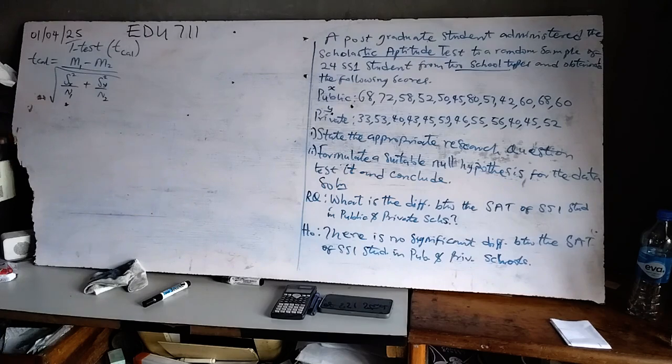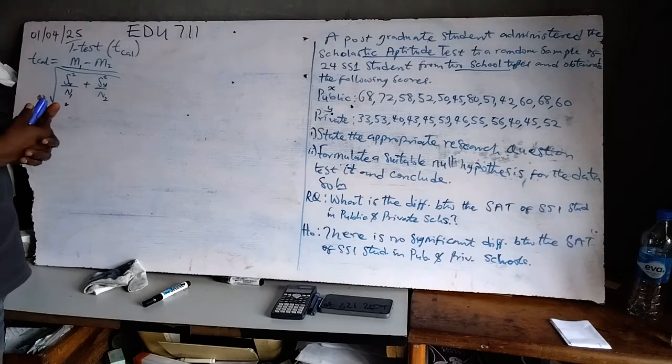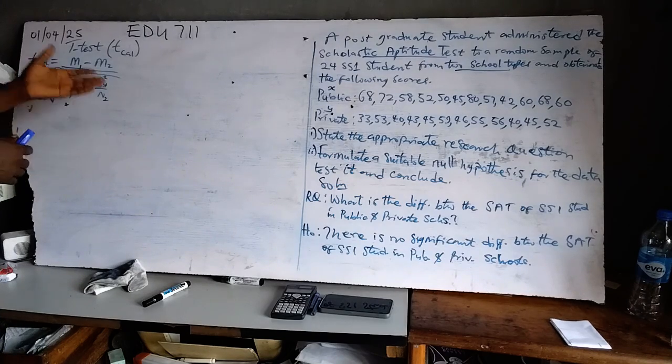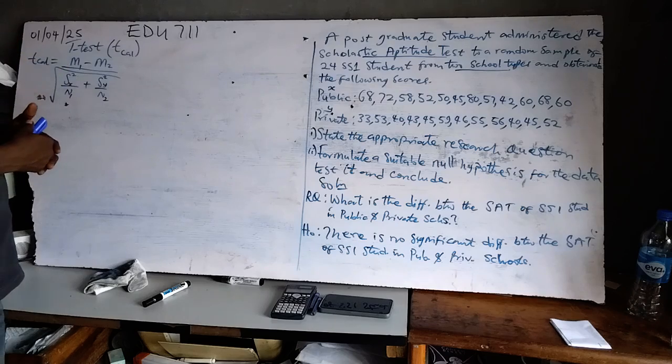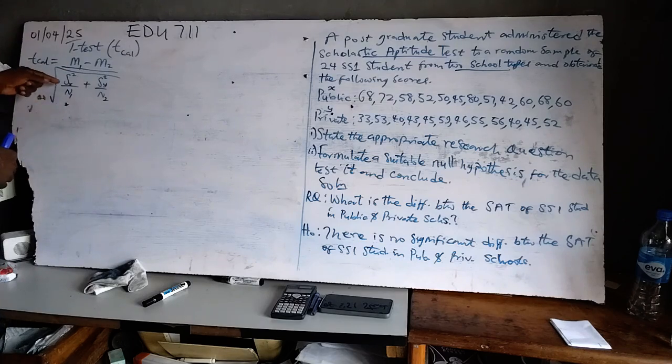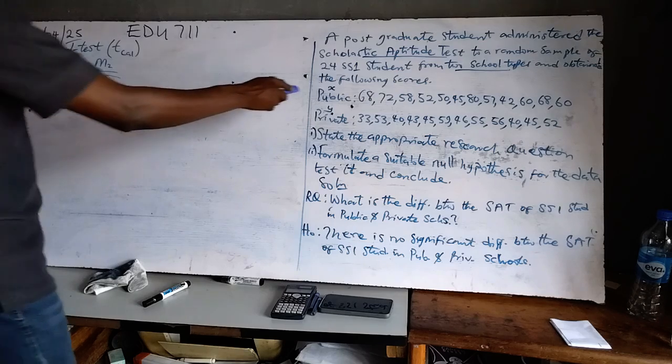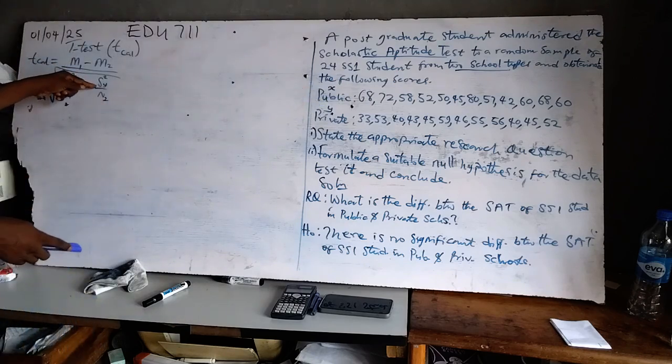And like I said the other time, our sample variance is a precursor to population variance. It is a precursor to t-test calculation. So in essence, you will see that here we have s squared. So it means we need to get the sample variance of x, and we have y here. We need to get the sample variance of y.